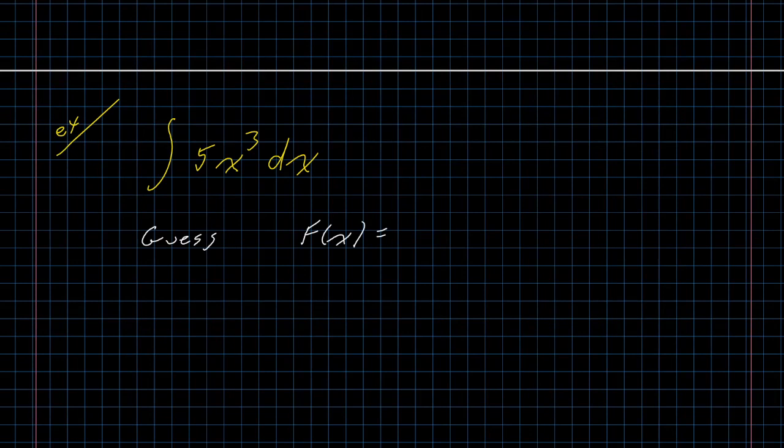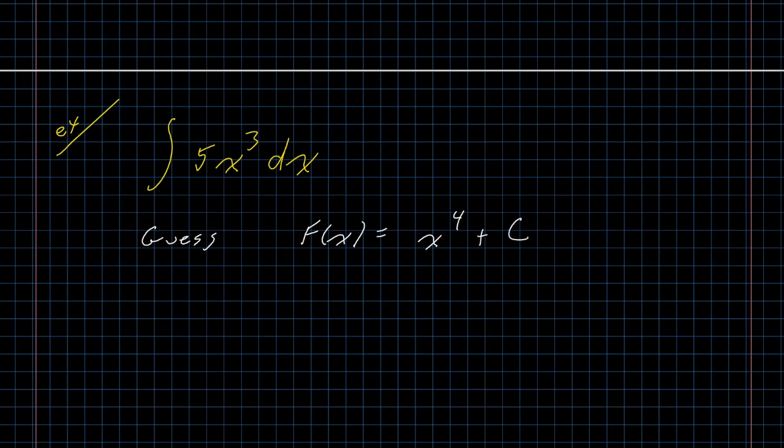Well, I'm going to make a guess. I am going to guess at what kind of function has a derivative that comes out as x cubed. Well, that's a polynomial. It's just one term. That makes life a little bit easier. All right, well, what kind of things happen with derivatives on polynomials? It decreases the power. So to get an x cubed, I probably wanted to start with an x to the fourth power.